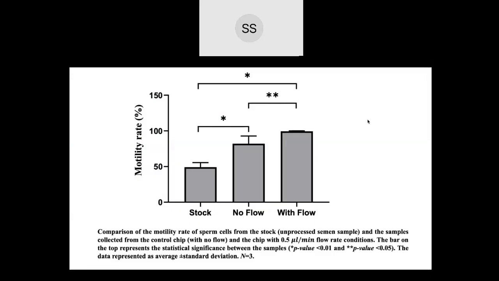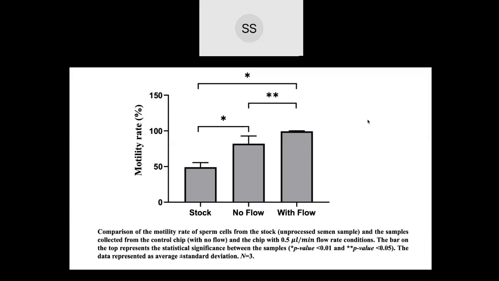So we examined the collected sample from the collecting chamber. We compared three different data sets. First one from stock, second one from the chip which contained flow, and as a control we ran another chip which contained no flow.